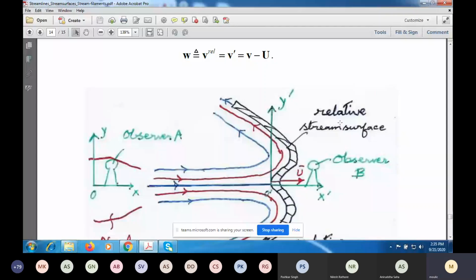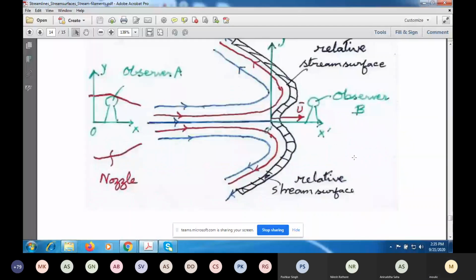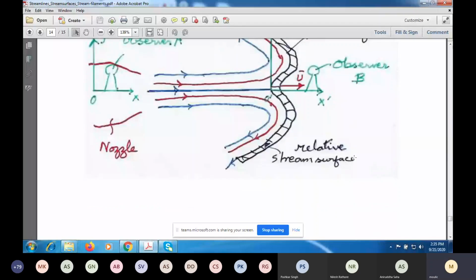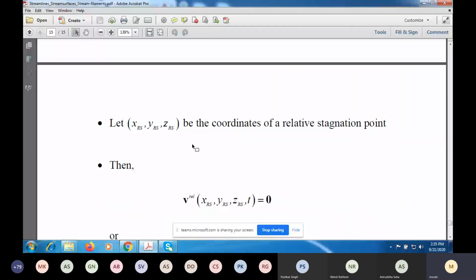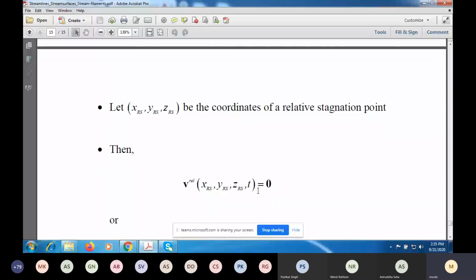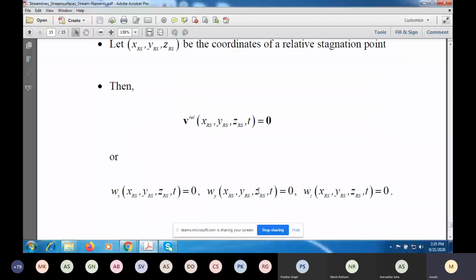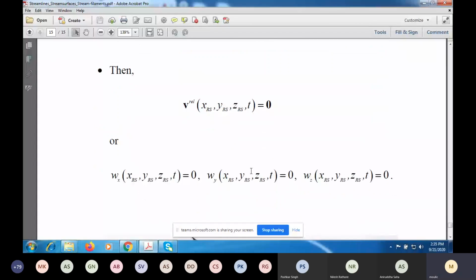It's a stream surface as seen by observer B. So if I denote the coordinates of a relative stagnation point by the symbols x, y, z with a subscript, now capital R, capital S for relative stagnation point, then the relative velocity at that point must be 0. So we must have Wx, Wy and Wz all equal to 0.